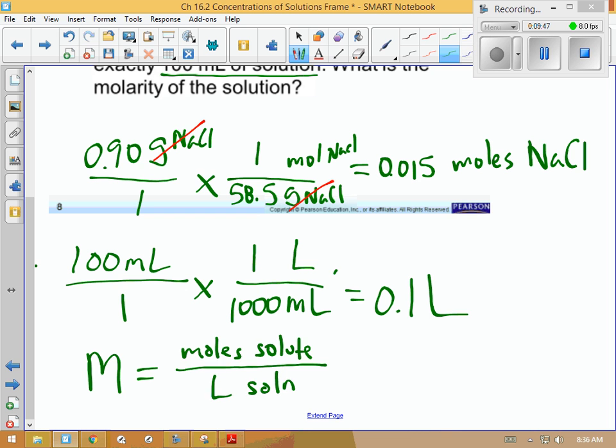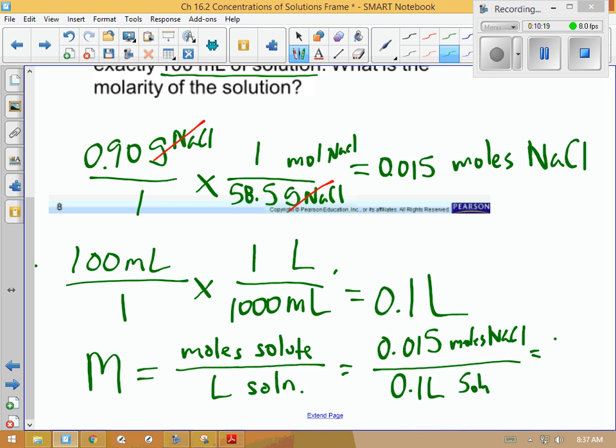And I'm going to write solution like that just to save a little time here. 0.015 moles of salt NaCl over 0.1 liters of solution.